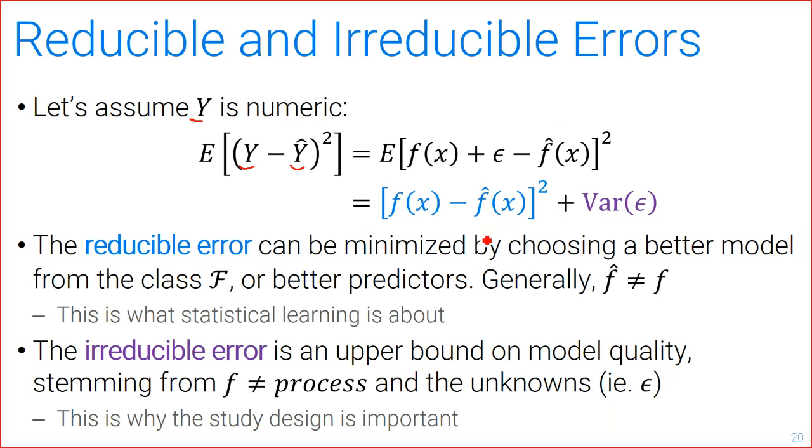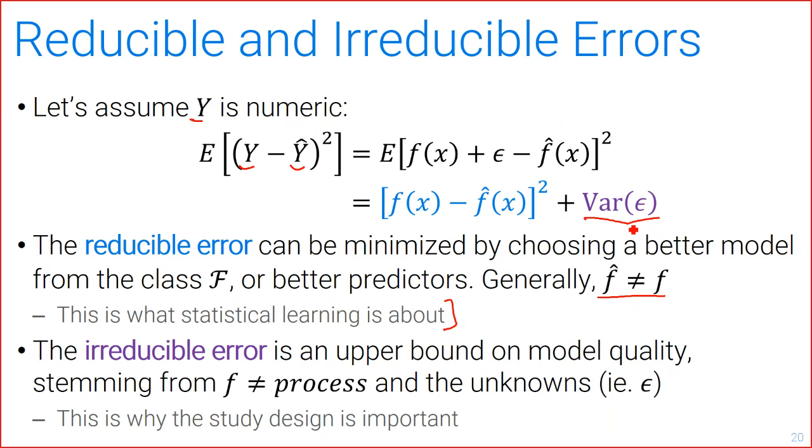We have this blue error term because in general our estimate is not going to be optimal. We are going to see later why it's not optimal: because it's based on data. This reducible error is still going to be in there, but we can try to minimize it by making a better decision about the class of models or using different features. This is what statistical learning is about: trying to get as close as possible to the optimal function.